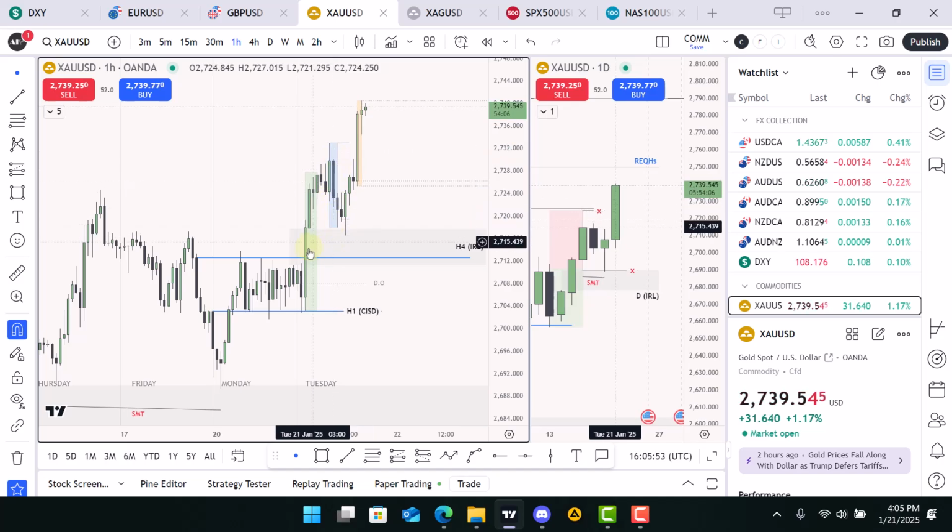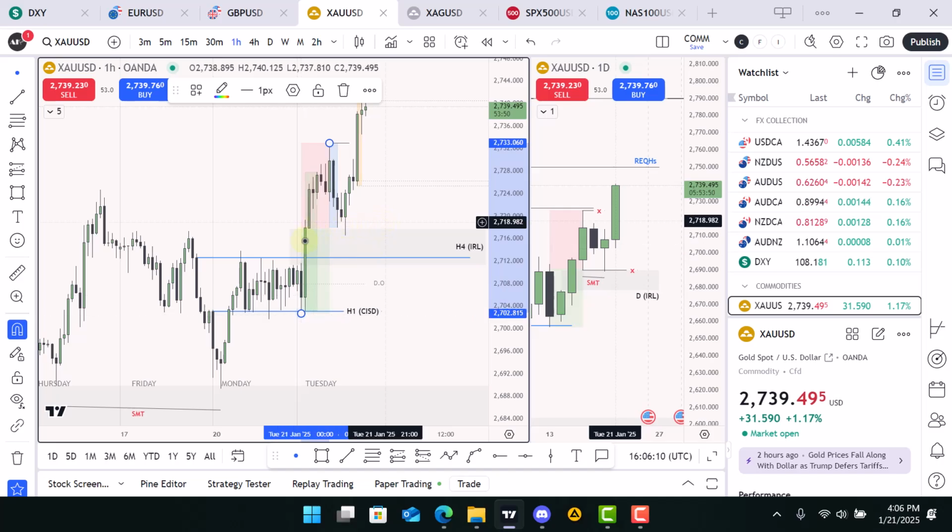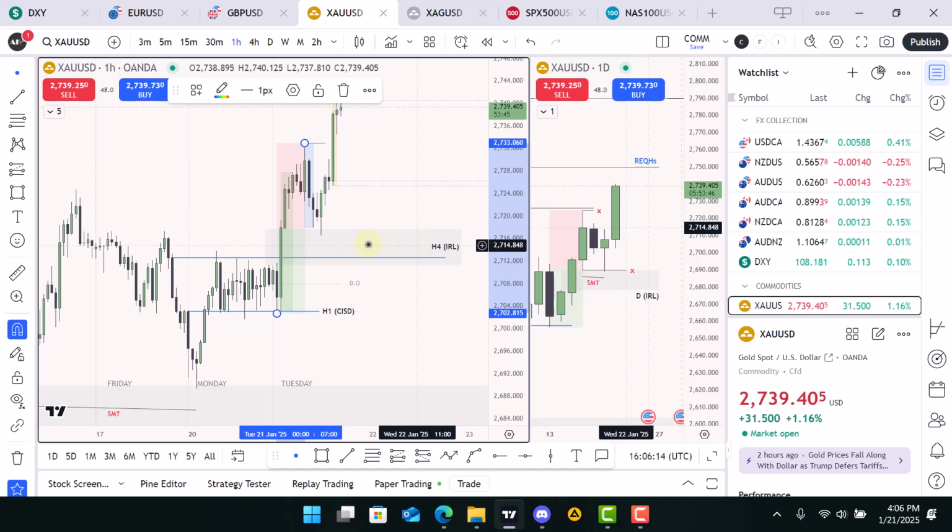So during this day, the Asian session formed the low of the day, and the London session provided a retracement into a discount level of the daily range. So you can see that this key level here, that is the 4-hour internal range liquidity, was in a discount zone. So I was keenly observing this 4-hour internal range liquidity.